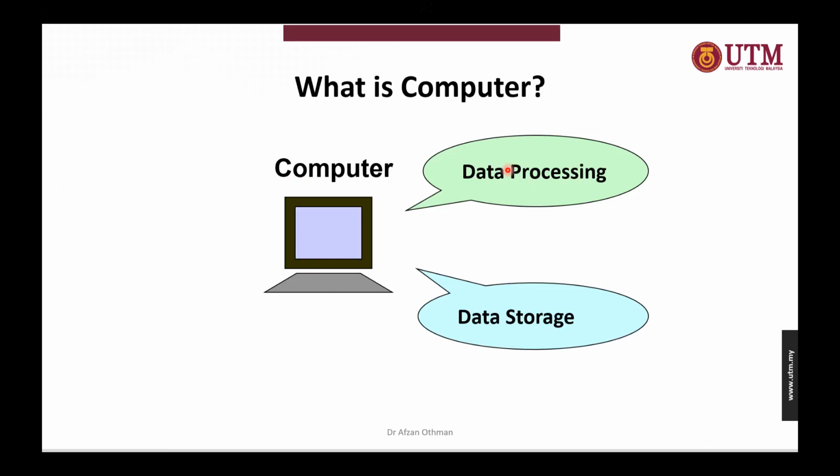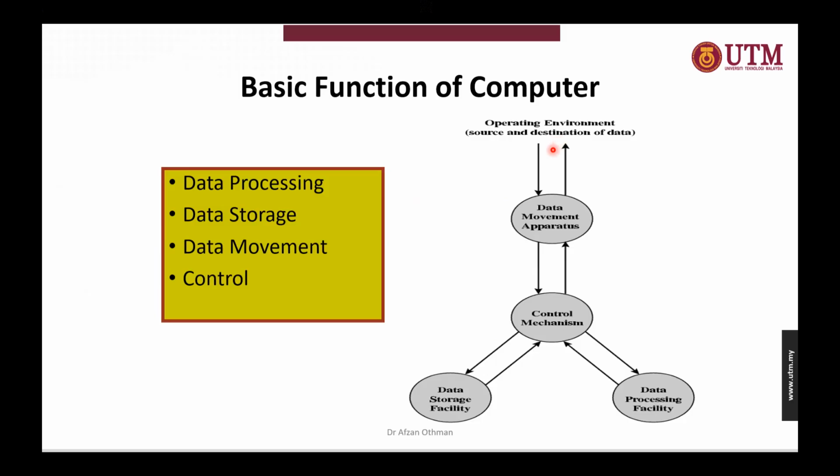What is a binary number? 0101. So that is the definition of a computer: a device used to store data and at the same time to do data processing. This is the basic function of computers.